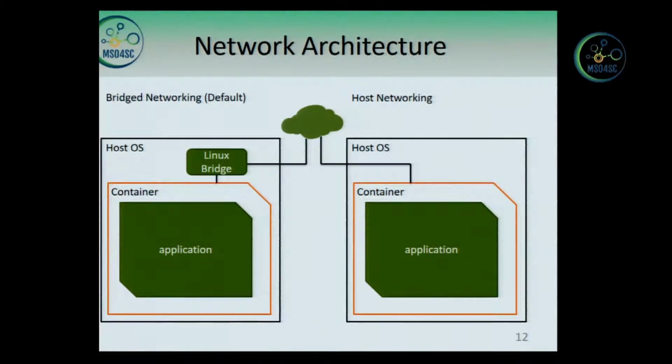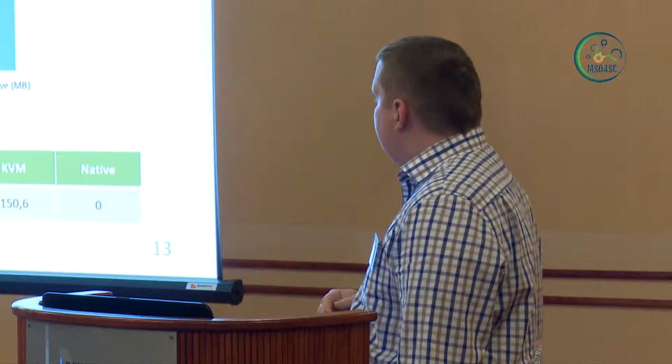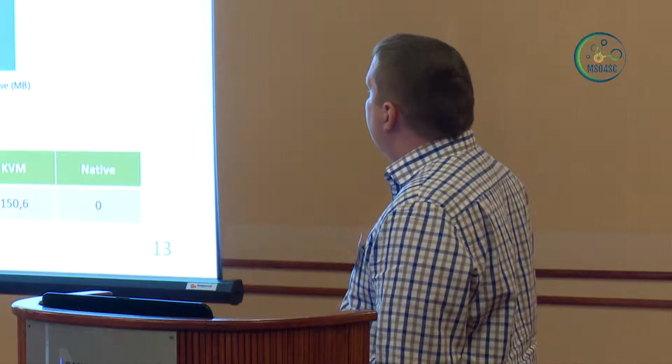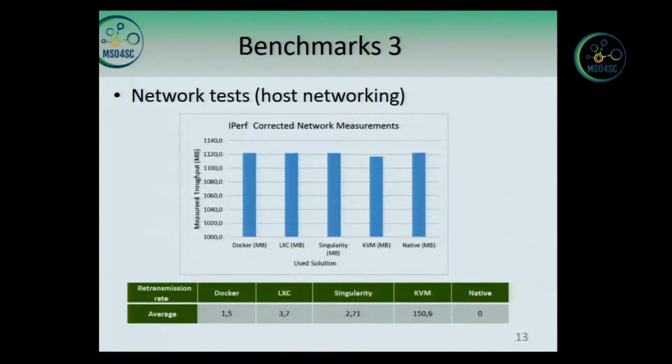But after we use a host networking configuration, which means that the container injects its own packets into the host networking, then we have corrected results. As we can see, now we have all the same throughput measurements in megabytes. The retransmission rates are almost 0 or identical to 0 as well. So these are the synthetic benchmarks.